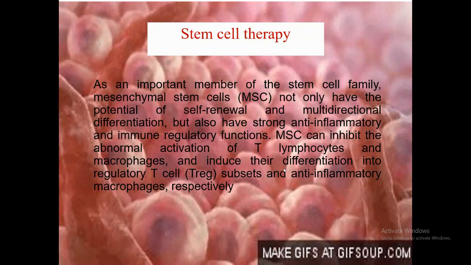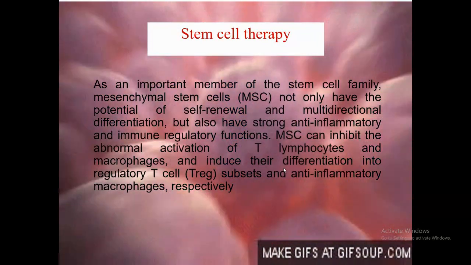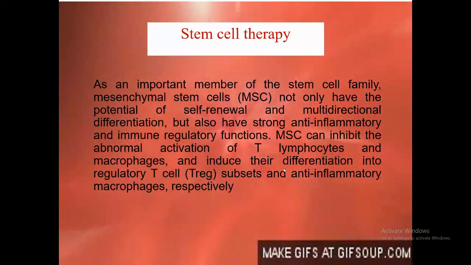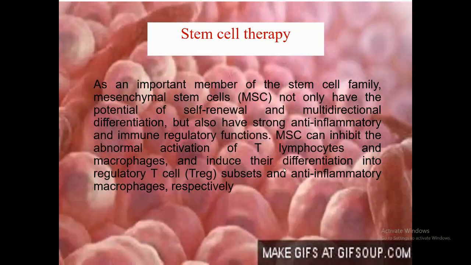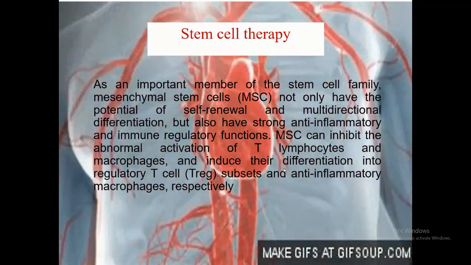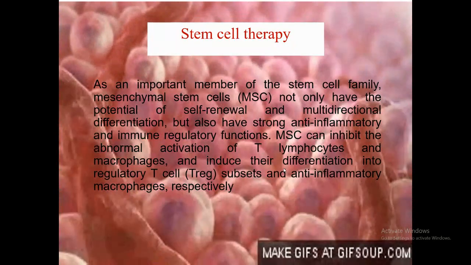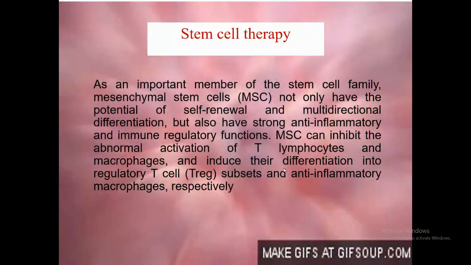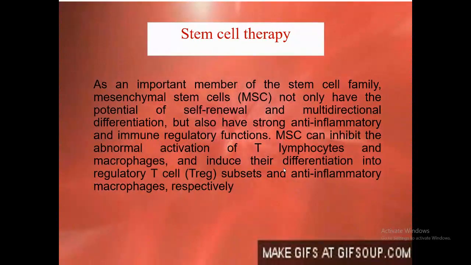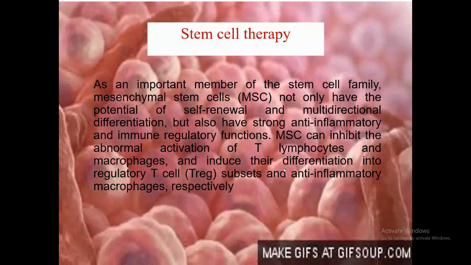Stem cells: an important member is the mesenchymal cells, which not only have the potential of self-renewal and multi-differentiation, but also a strong anti-inflammatory immune regulatory function. MSC can inhibit the abnormal activation of T lymphocytes and macrophages and induce their differentiation into regulatory T cells.